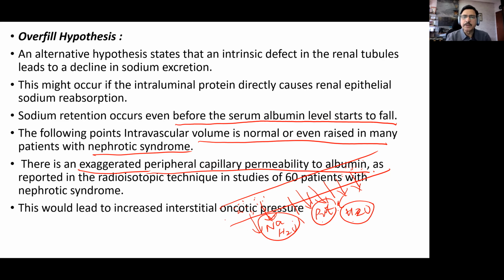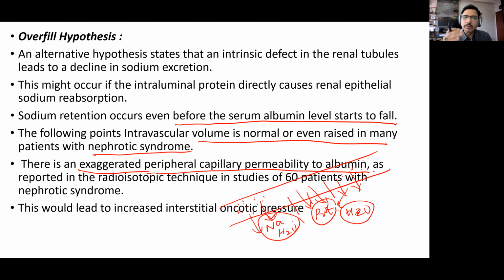This is evidenced by the fact that well before the albumin levels fall, we are able to see edema in many patients. Also, even when the intravascular volume is normal or raised, we see edema in nephrotic syndrome. Otherwise, what would have happened if it were to be the first hypothesis?